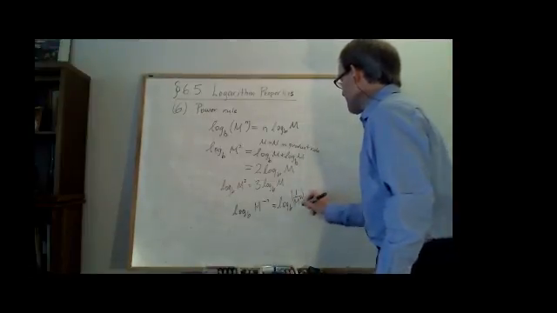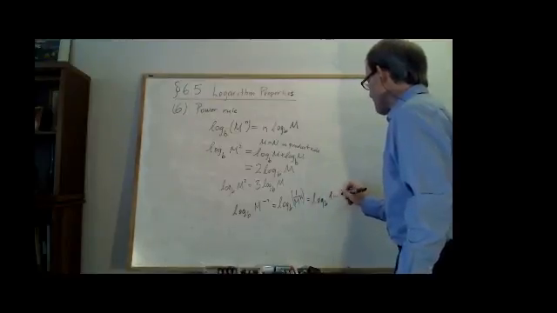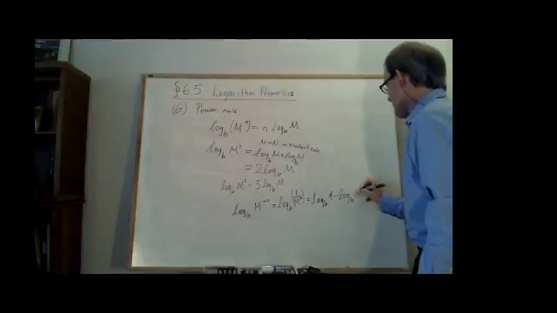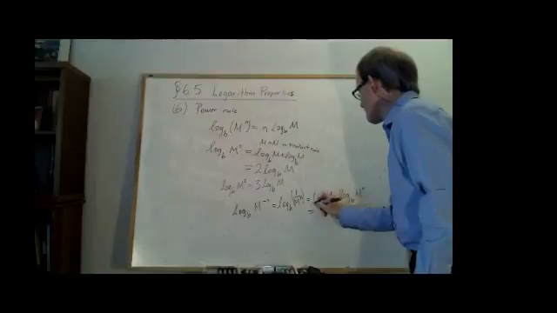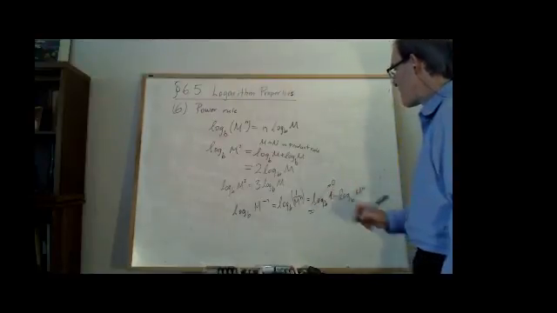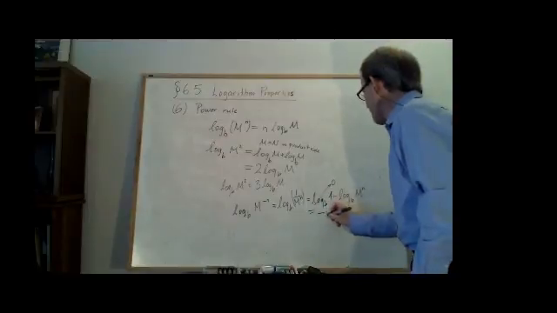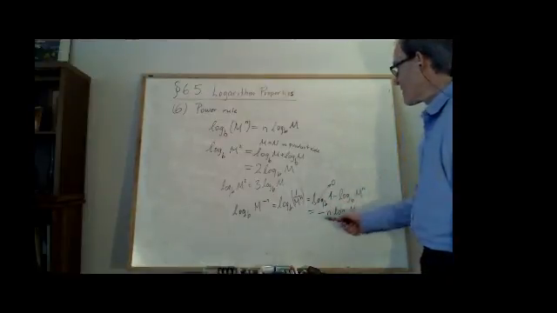Right? And this is log base b of 1 minus log base b of m to the n. But by the original power rule, this is 0, because log base b of 1 is always 0, and this is minus n log base b of m.